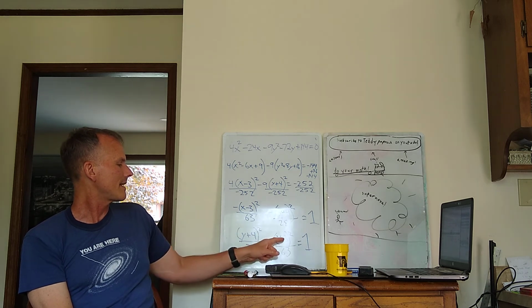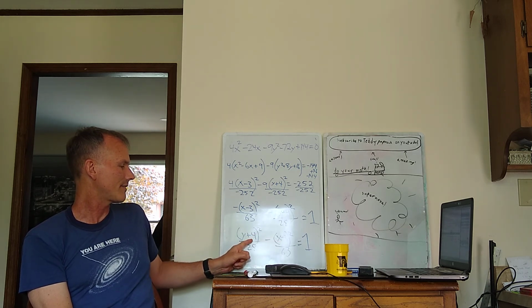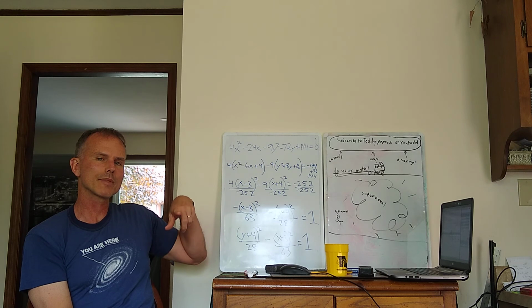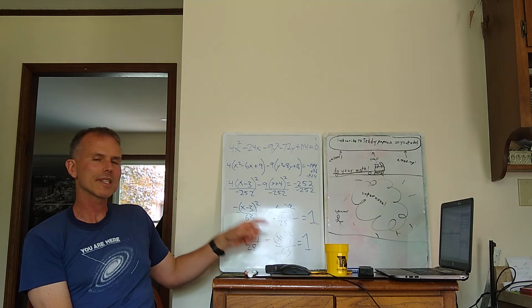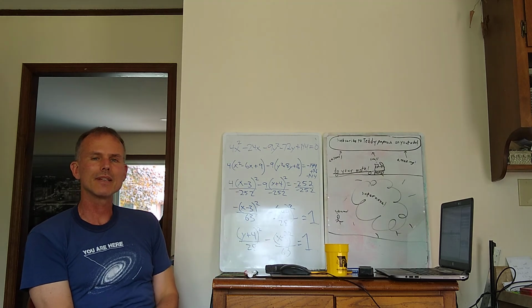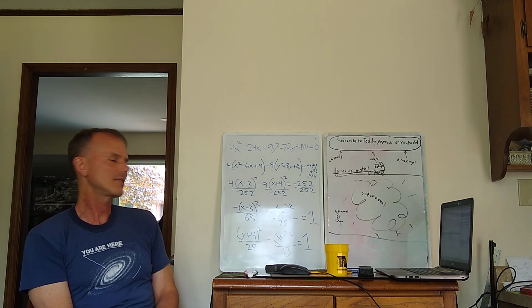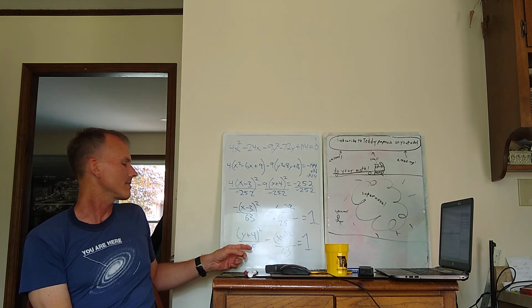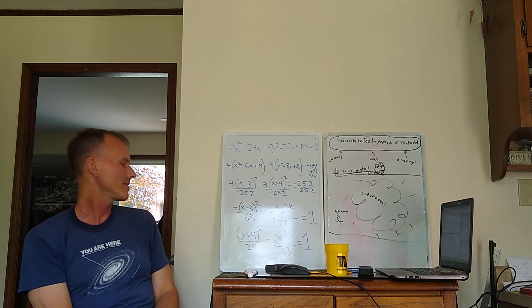The center would be at (3, negative 4), and then I'd go square root 28 up and down from the center, square root 63 left and right from the center. And I know 28 and 63 are not perfect squares, so you just kind of have to estimate that when you're making your graph. The square root of 28 is a little more than 5, so you can go 5 units and then some, same way there.